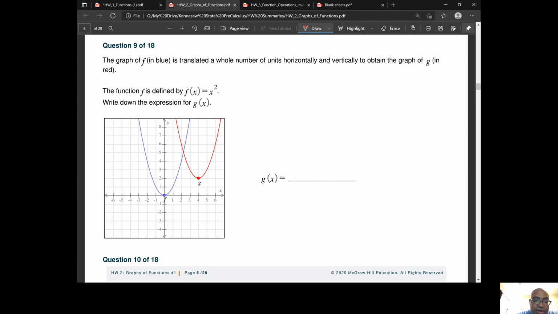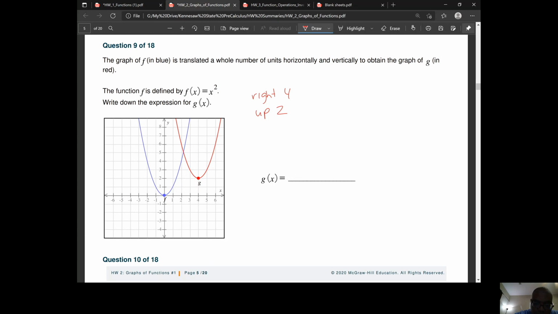All right, the graph of f in blue is translated a whole number of units horizontally and vertically to obtain the graph of g. The function f is defined by f of x is equal to x squared. What's g? Okay, so we're moving right 4, and we're moving up 2.